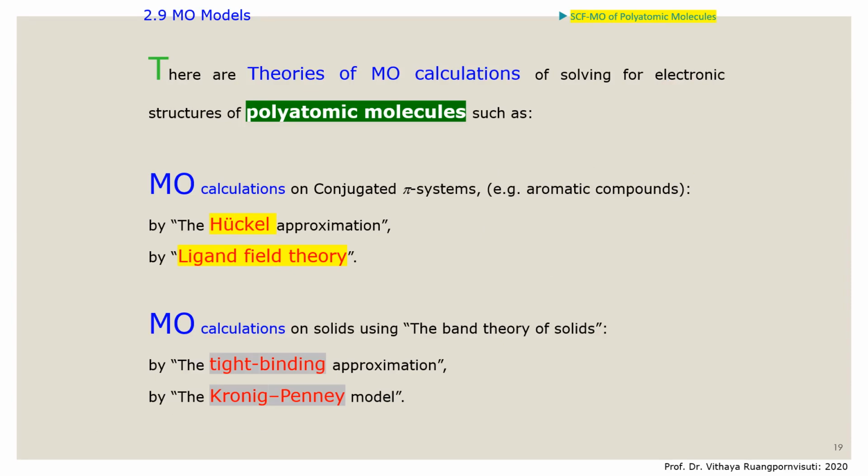MO models. There are a series of molecular orbital calculations showing the electronic structures of polyatomic molecules, such as the molecular orbital calculation on conjugated pi systems, such as aromatic compounds, organic compounds.